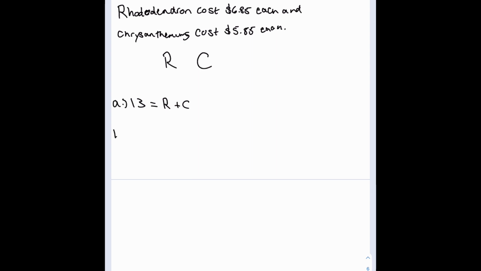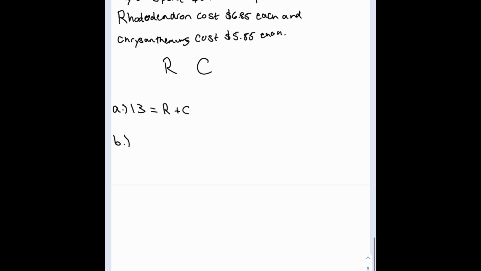All right, now part B. Part B asks, write an equation in terms of R and C describing the total amount spent in dollars. So we know in total he spent $84.05. So that cost is derived from how many rhododendrons he bought and how many chrysanthemums he bought, and also the price for each.